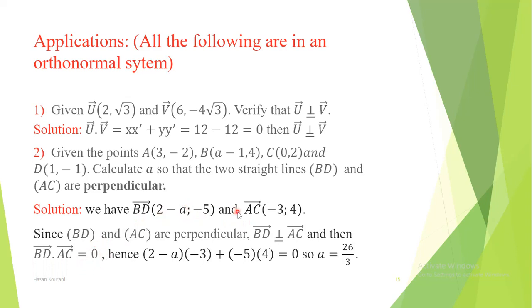And since we are given the coordinates of these two vectors, we can easily apply the analytic definition, which is xx' plus yy', which is 0. And after calculating this side of the equation, we are going to get at the end the value of A, which is 26/3 in this case.